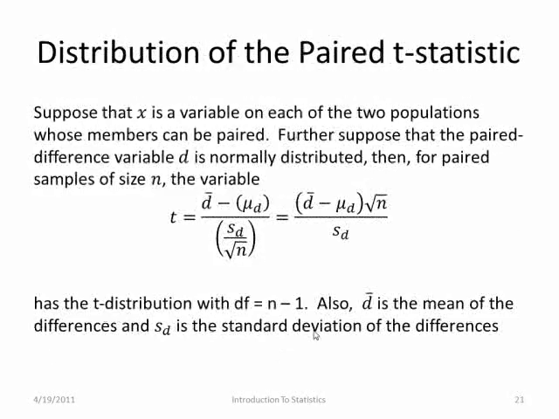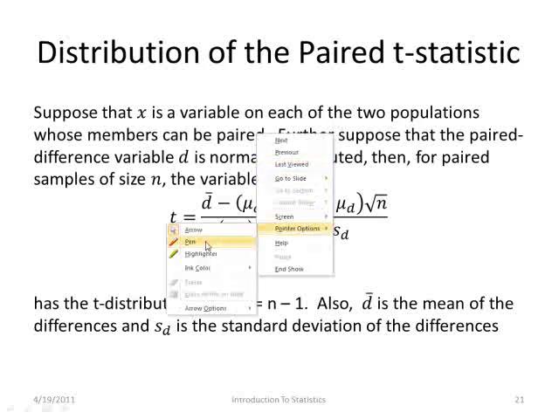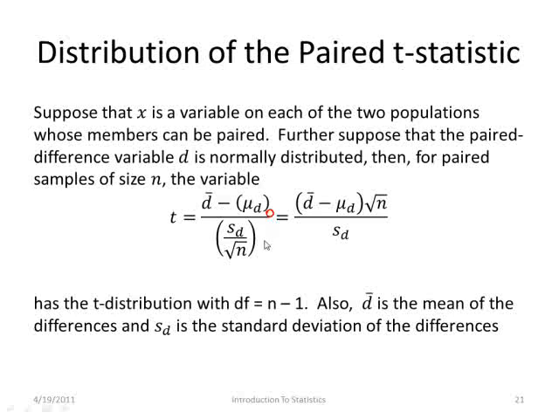So just to go one more step, suppose that X is a variable on each of the two populations whose members can be paired. Further, suppose that the paired difference variable D is normally distributed. Then for paired samples of size n, the variable t, which is equal to d bar minus the mean of the differences, and I should subscript this with a zero, again, this is under the null hypothesis, divided by the standard deviation of our sample statistic, d bar.